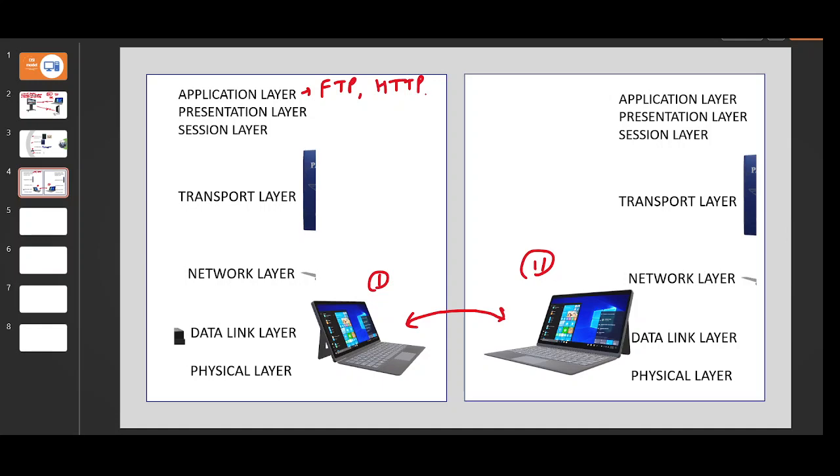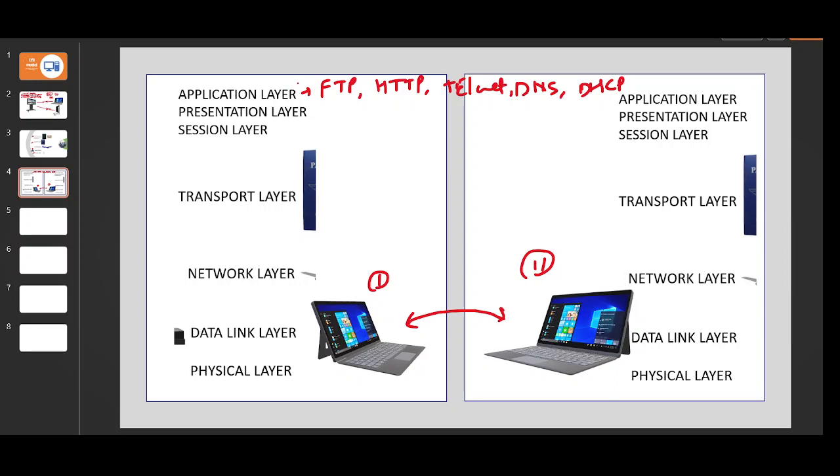So this layer provides these types of services: file transfer, web page browsing, remote access, Telnet, DNS services, DHCP services. There are many services available on your application layer.